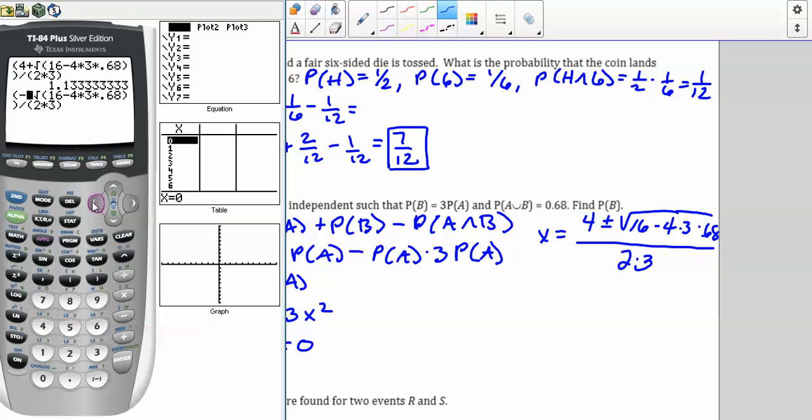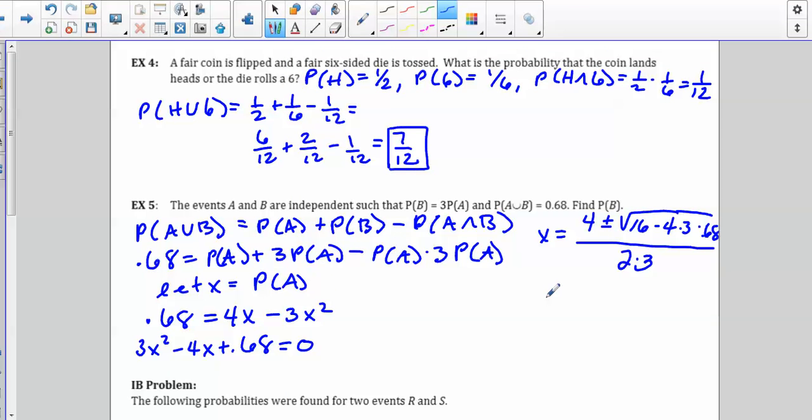Try again. 4 minus, and I get this time the probability of A, which was my x, is equal to 0.2. So let's go back. So I get x is equal to 0.2. That's the probability of A. And the question's asking the probability of B, which is 3 times the probability of A. So the probability of B is going to be 0.6.